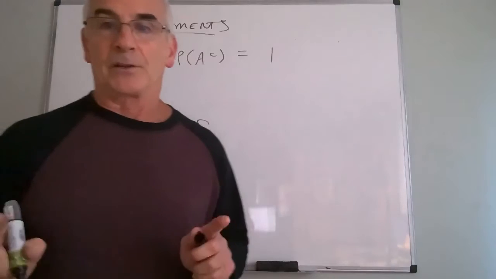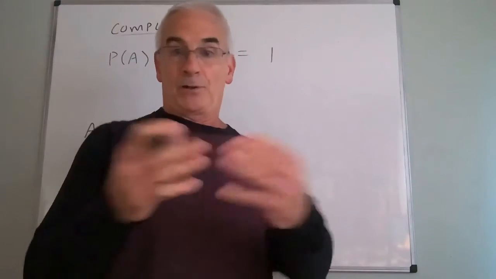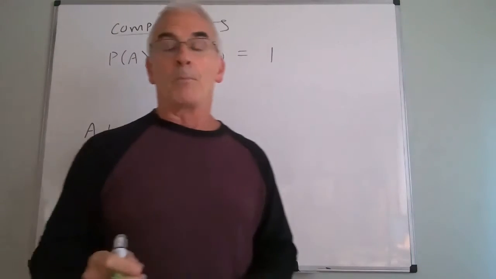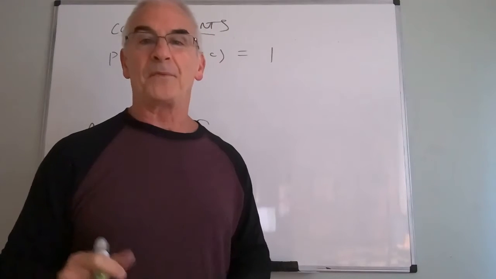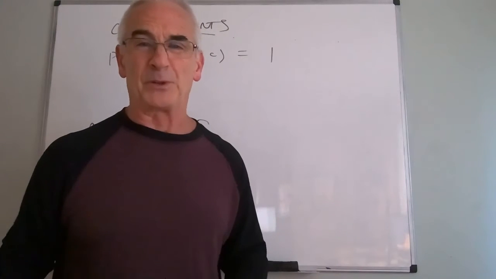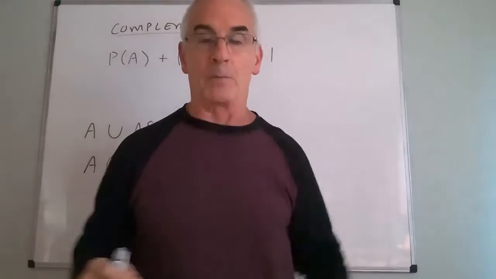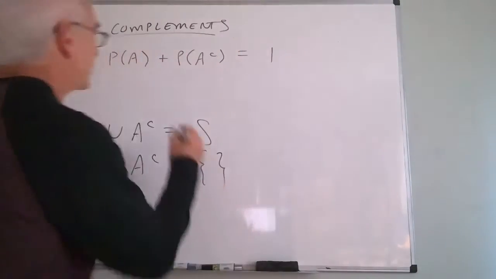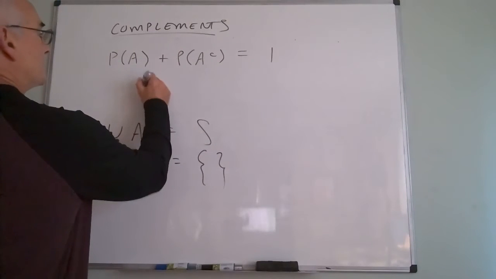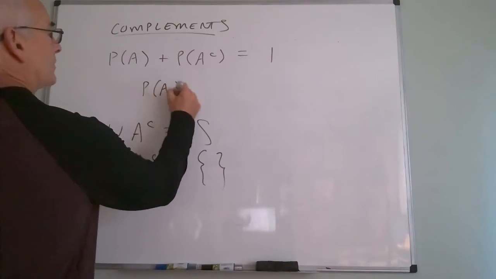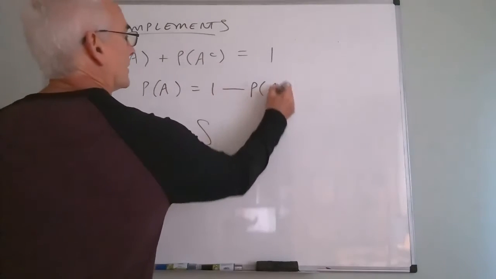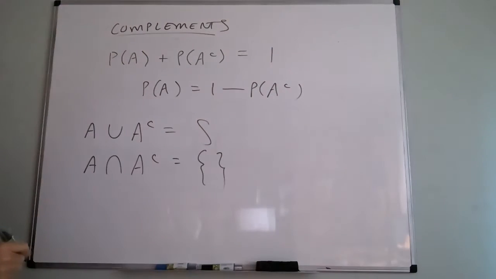Whenever you're asked to calculate the probability of something, you calculate the probability straightforwardly. But what if the calculation of the probability is really long and cumbersome, and basically most of the outcomes are what you're counting? Well, it turns out sometimes it's much easier to calculate A by first calculating the complement.